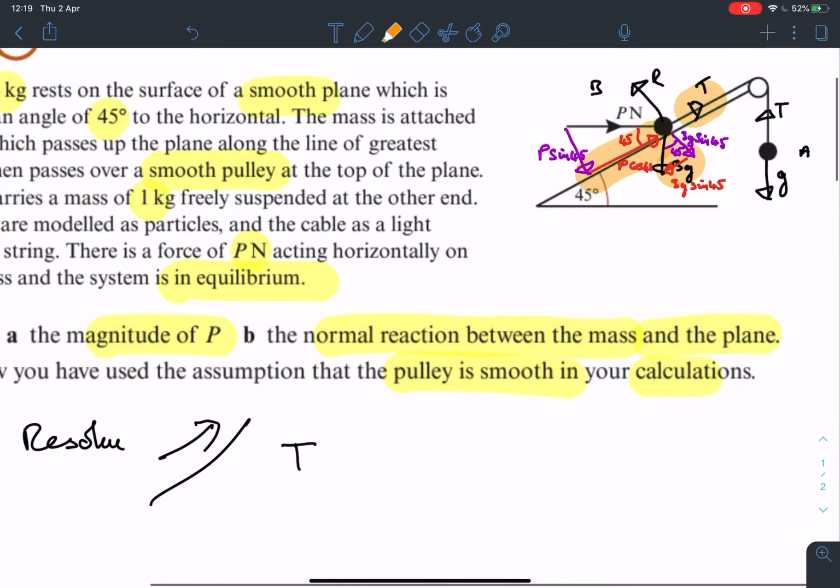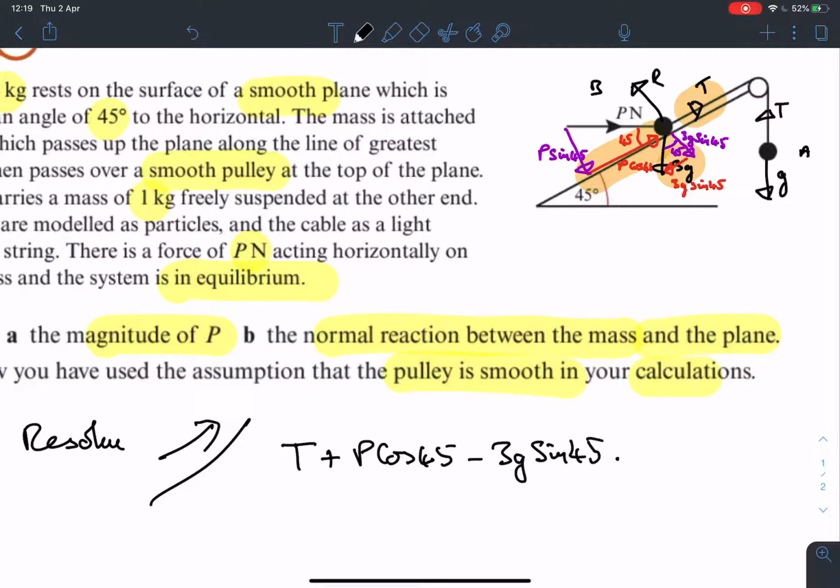So we've got T plus P cos of 45 minus 3g sine of 45 equals 0, since equilibrium.